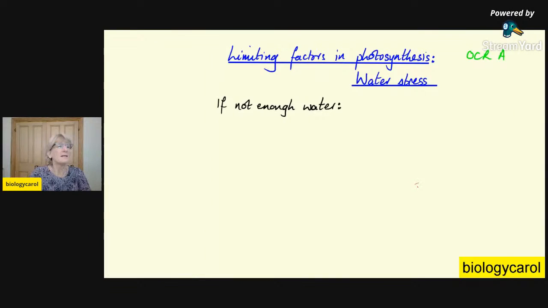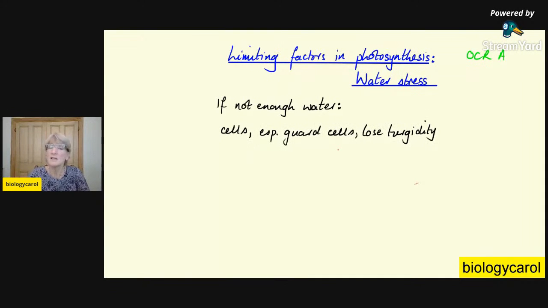Let's get back to this. If there is not enough water, this is just logic. Well, I say just, that was a bit silly, patronizing. This is logical. So if there is not enough water in the plant cells, now here's the thing, especially guard cells, they lose their turgidity. They plasmolyze, they undergo plasmolysis.